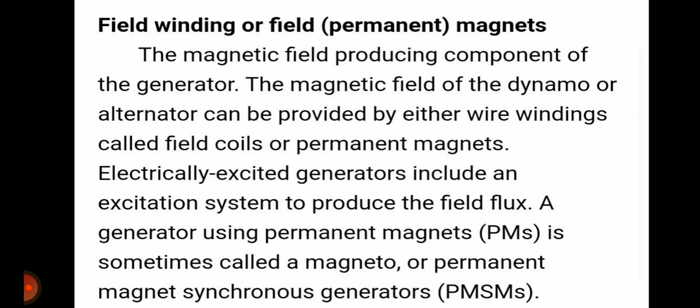Electrically excited generators include an excitation system to produce the field flux. A generator using permanent magnets is sometimes called a magneto or permanent magnet synchronous generator.